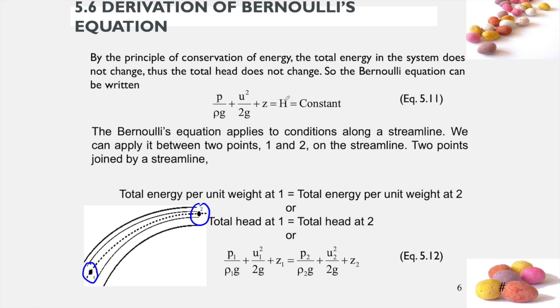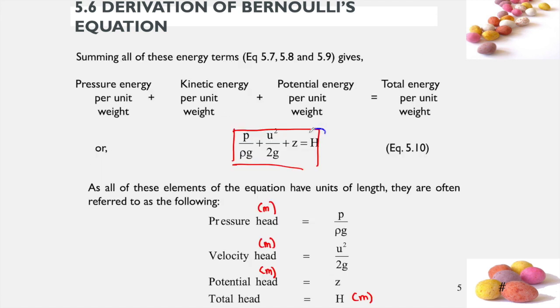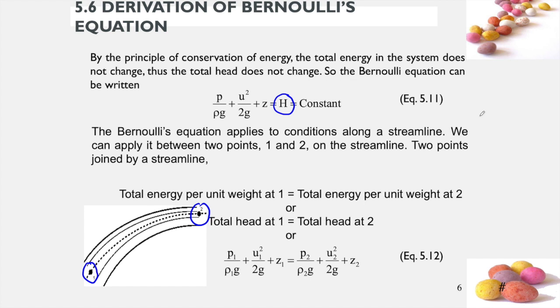Total energy per unit weight is H. In the previous equation, H represents the total energy per unit weight at point 1.